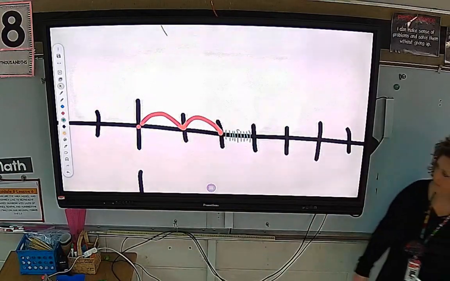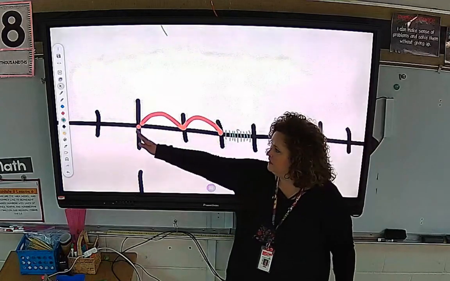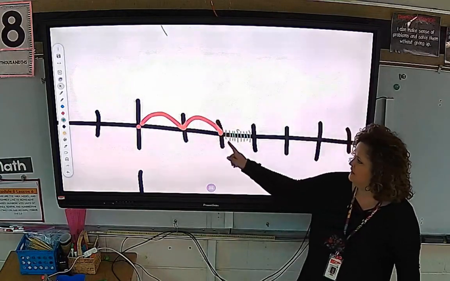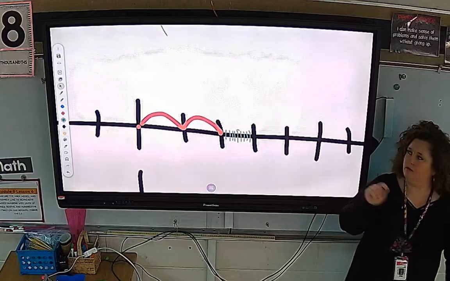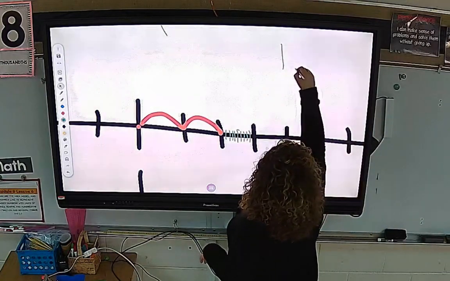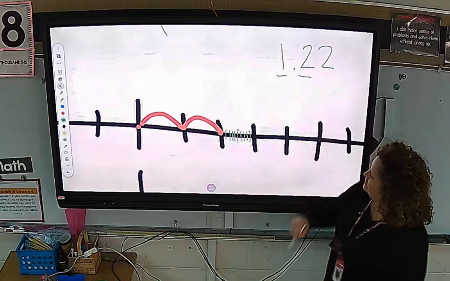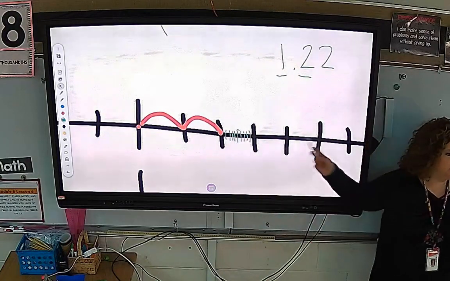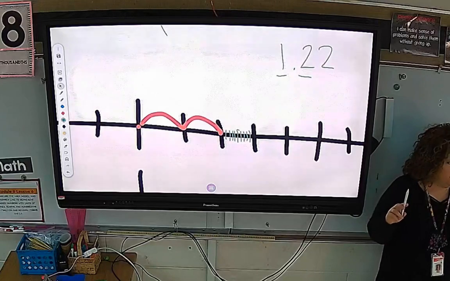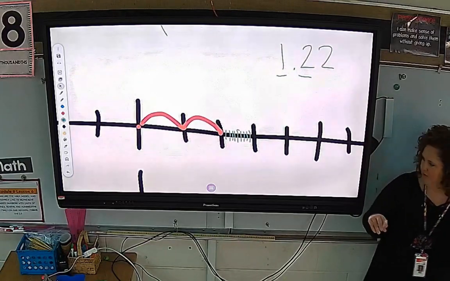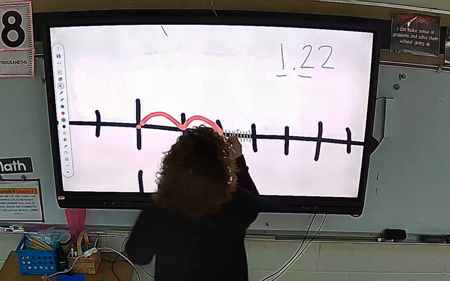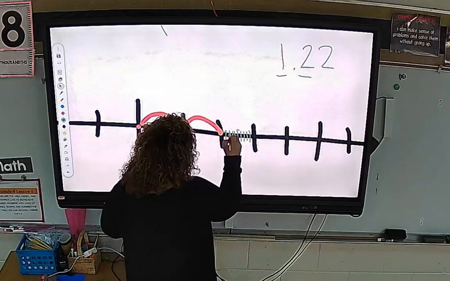Blew it up a little bit. We got to 1. We went over 2/10, and now we've got to count over because our number is 1.22. We went to the 1. We went over 2/10, and now we need to jump over 2 of those itty bitty things that look like grass growing. Okay, so 1, 2.